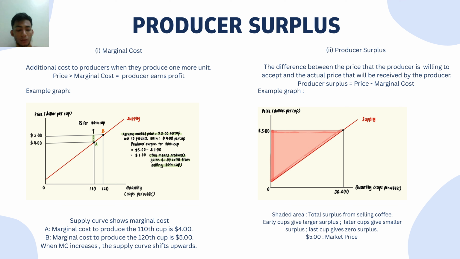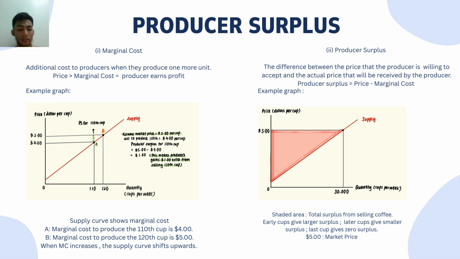Now let's move to the right graph, which shows total producer surplus. The vertical axis represents price and the horizontal axis represents quantity supplied per week. The supply curve again reflects marginal cost, and the horizontal line at $5 shows the market price.